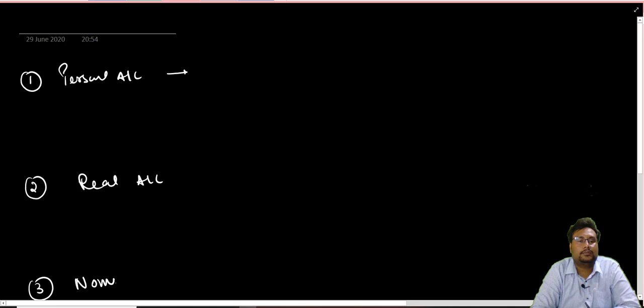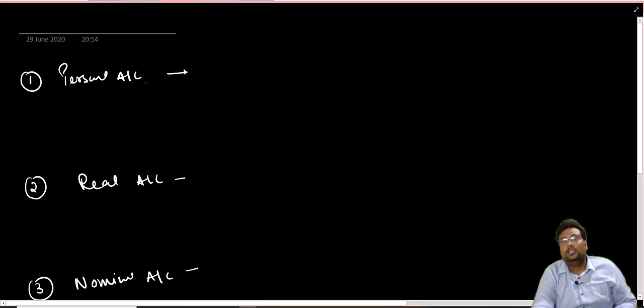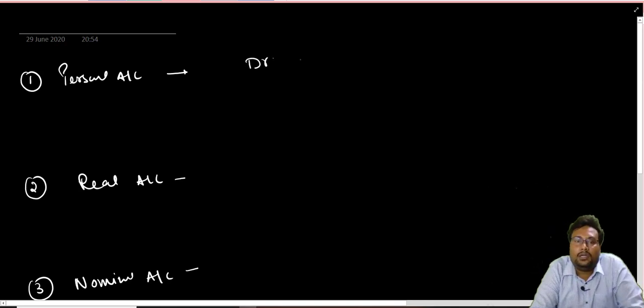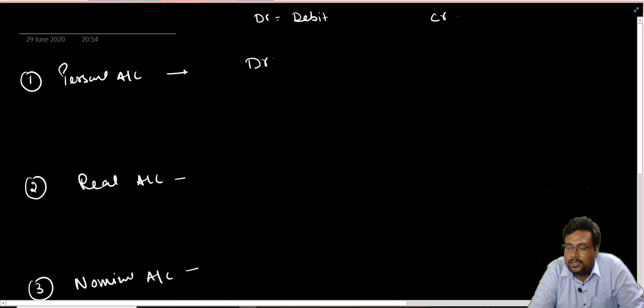Nominal account. Now you see, personal account, what things are coming, that I will not revise again, you know that. Personal account rule is what? Debit the... DR. When I write down DR, it indicates the word debit, and CR indicates the word credit.